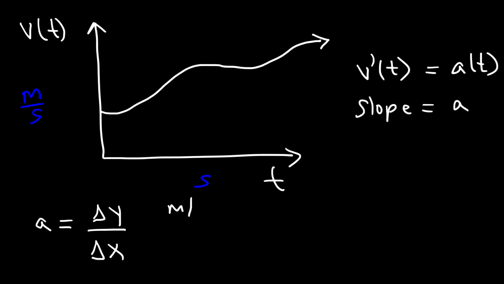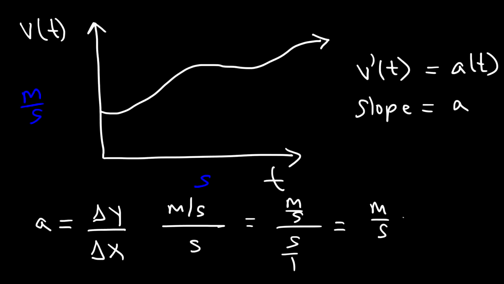So when you're looking for the derivative of something, you're basically dividing the y values by the x values. The y values have the units meters per second. The x values have the unit seconds. So what we have is meters per second divided by seconds. And if you use the keep, change, flip principle, keep the first fraction the same, change division to multiplication, and flip the second fraction, so instead of s over 1, it's going to be 1 over s.